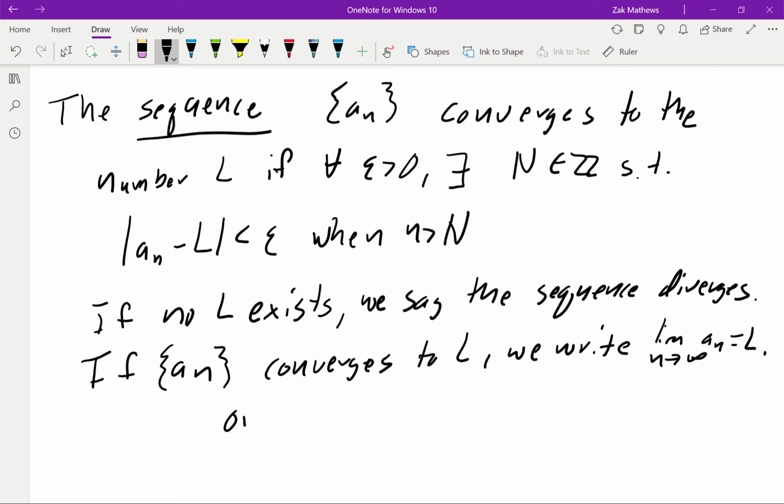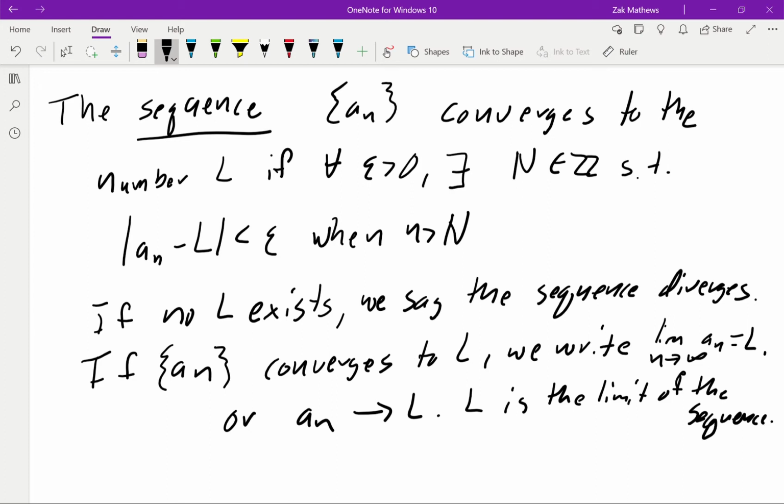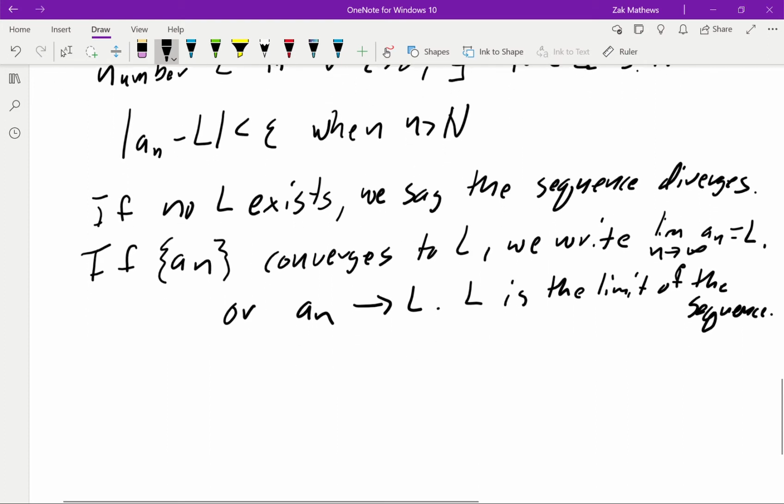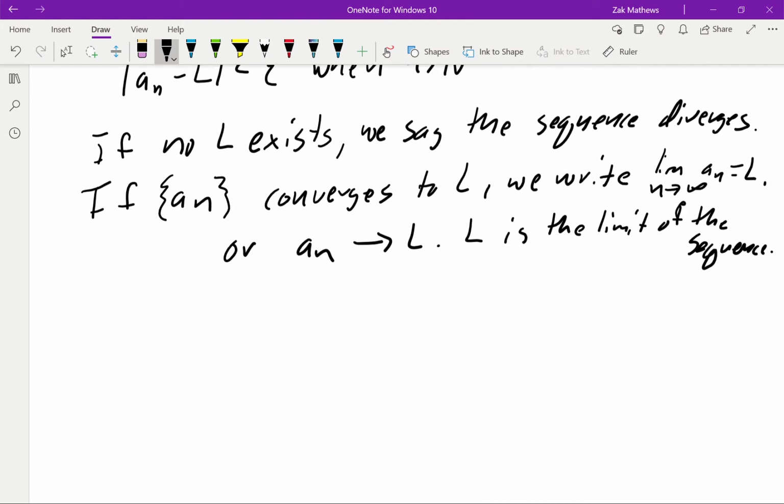Or we can write a_n converges to L with that arrow. L is the limit of the sequence. So because it is just a function, and functions have limits, sequences can have limits.